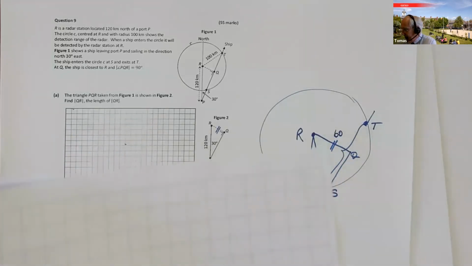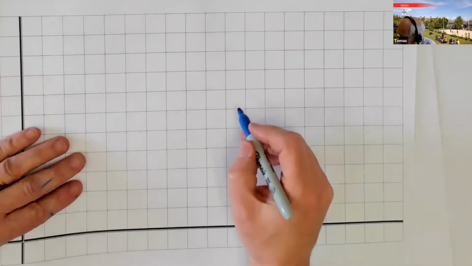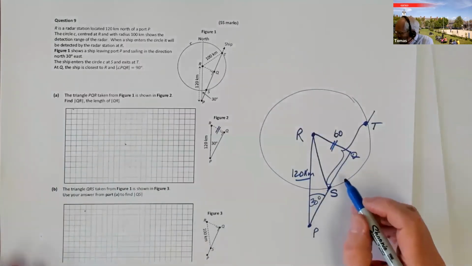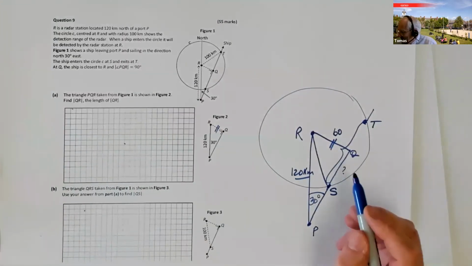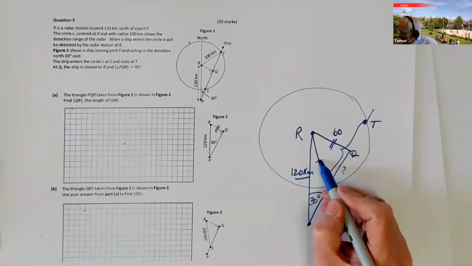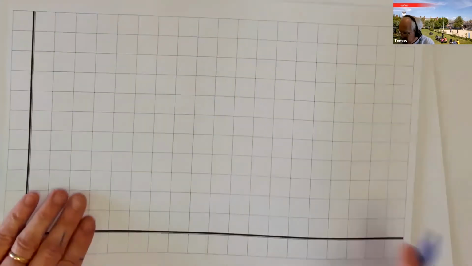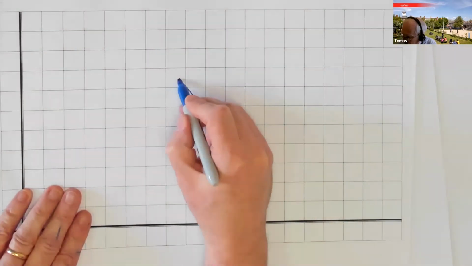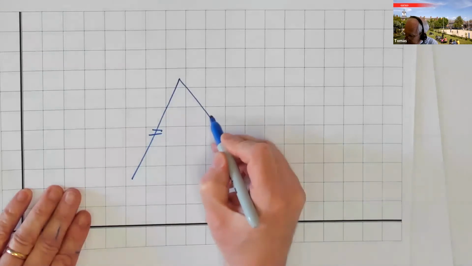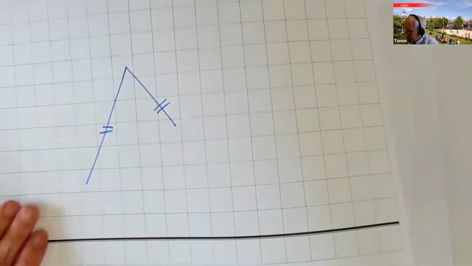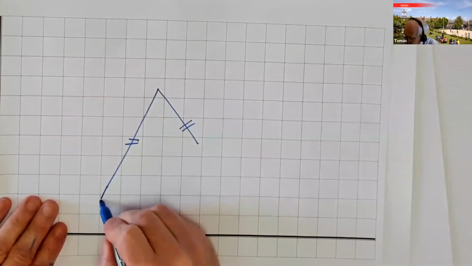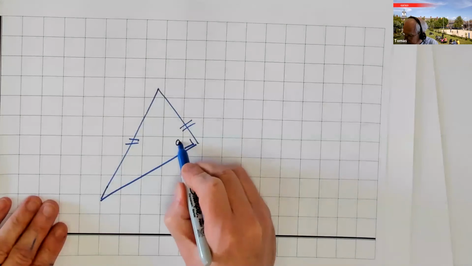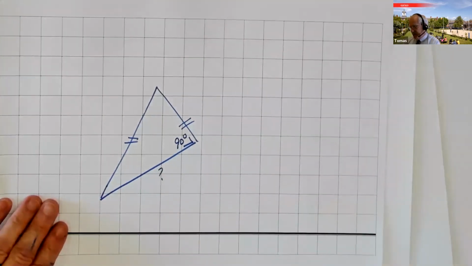So now I have a triangle that is neat enough. I don't know this length, but I know one, and I know the other because that's the radius. I know that that's 90, and I know the angle. Can I find this length?